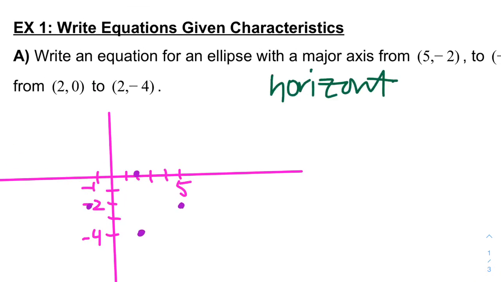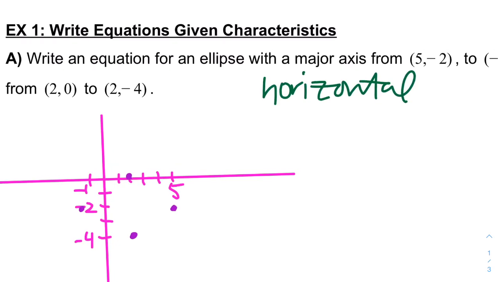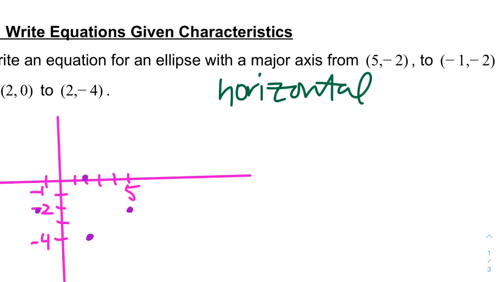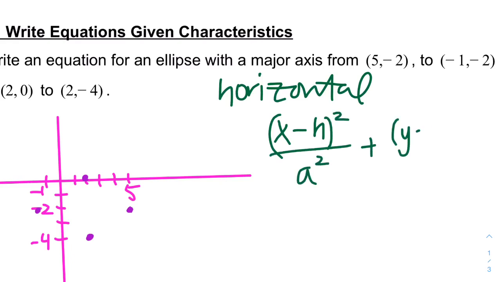ellipse. So what that means is that the longer side is going to be below the x part of our equation. So our equation is (x minus h) squared over a squared plus (y minus k) squared over b squared equal to 1.